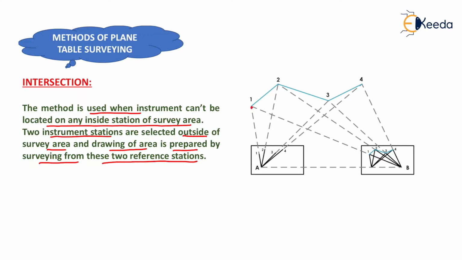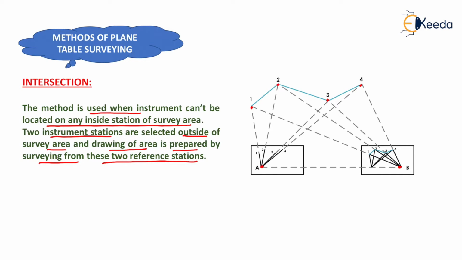Now suppose that this is our survey area, that is 1, 2, 3 and 4. Now we don't place the instrument in this area because it is impossible to locate any station inside this survey area. So we will select two points outside this survey area, that is points A and B.